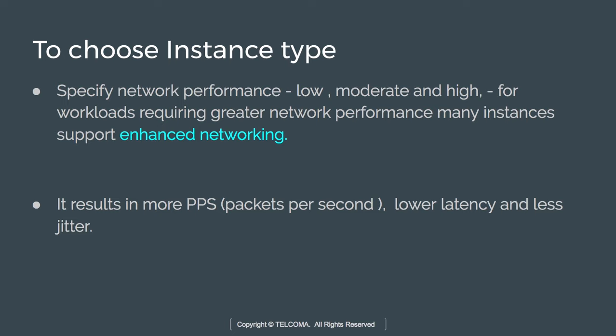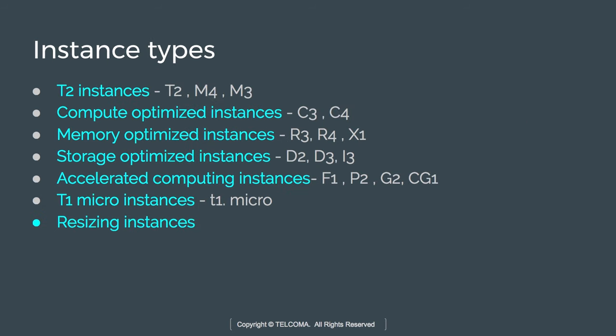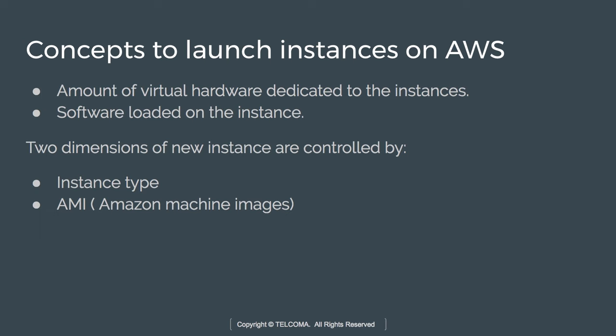Enhanced networking reduces the virtualization overhead because it enables a capability known as SR-IOV, single root I/O virtualization. It results in more packets per second, lower latency, and less jitter. So these are the instances and how we can choose, that means a combination.